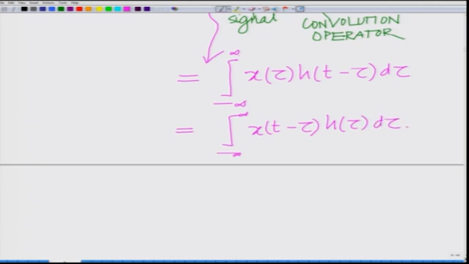So, the output y(t) is the input x(t) convolved with the impulse response h(t), and convolution follows a very interesting property.